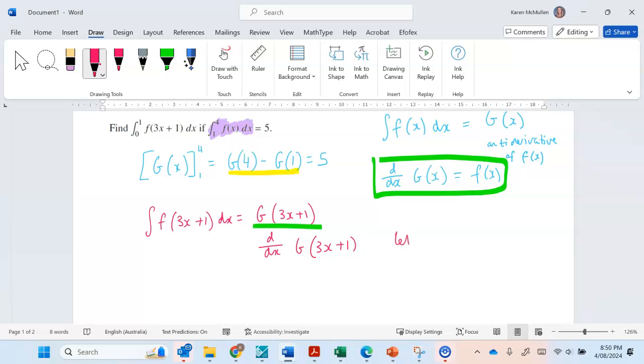So we're going to let u equal 3x plus 1. So our function is y equals g of u. du dx is equal to 3, and your derivative dy du is equal to g dash, and then substitute in u, so 3x plus 1. So my derivative is 3 times g dash of 3x plus 1.